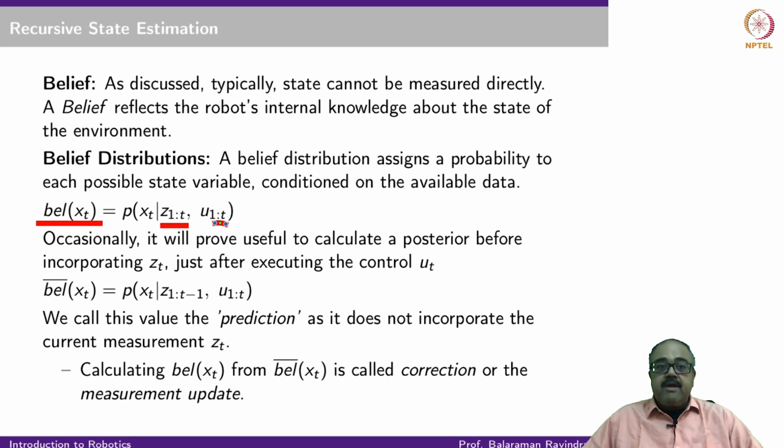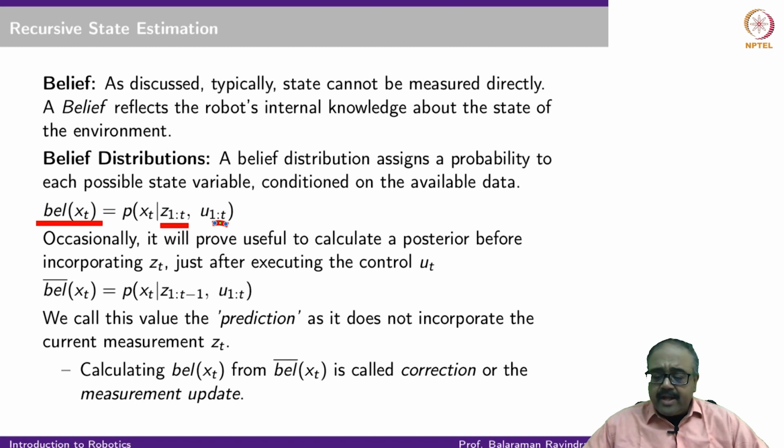The belief represents the robot's estimate on the position, right? So belief tells you what the robot thinks is the position, not what the actual position of the robot is. The actual position of the robot is some x in the world that you don't know yet, right? So the belief tells you what is that robot's estimate of where it is in the state space, okay?